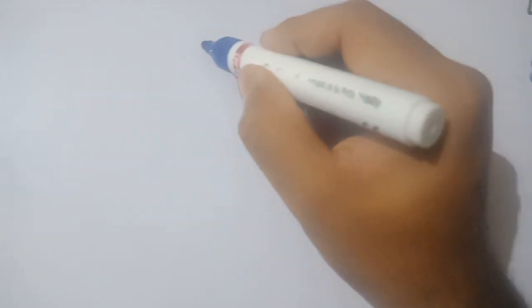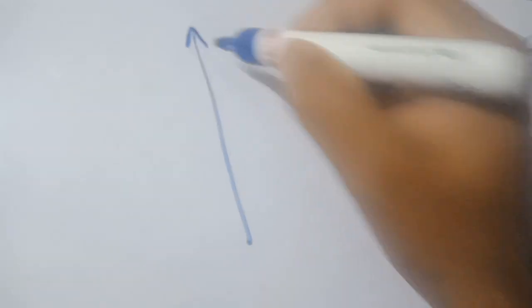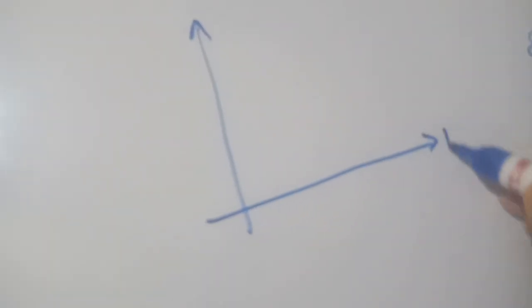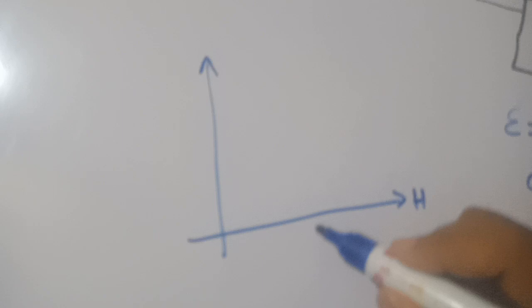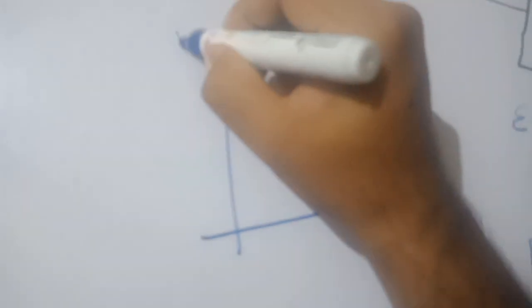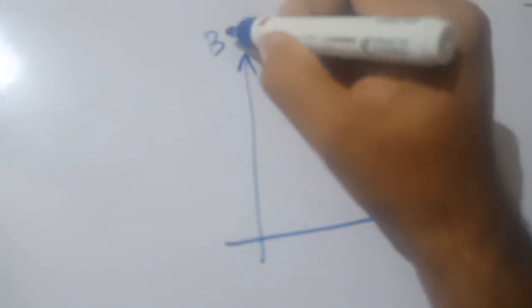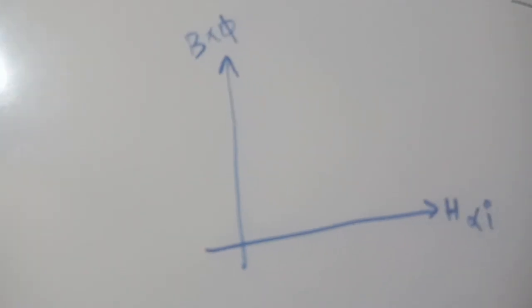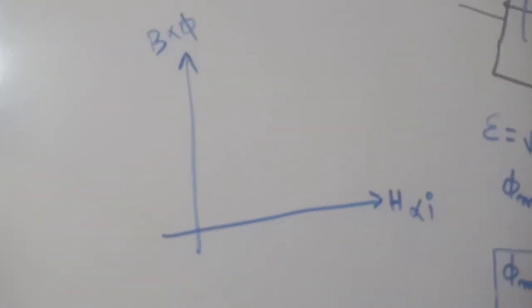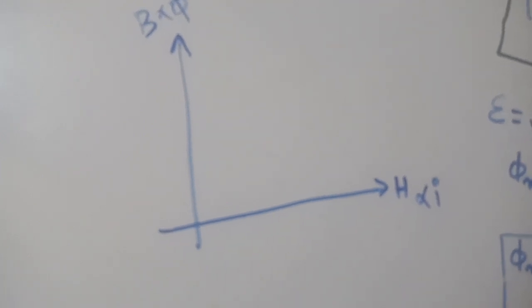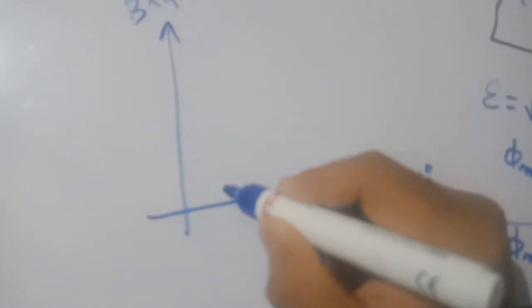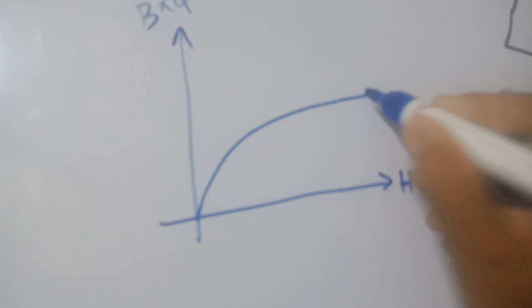In order to know that, one has to draw the BH curve. Suppose this is B and this is H. H is directly proportional to I and B is directly proportional to phi. Suppose I have taken some downgraded magnetic material, and its BH characteristics is something like this.